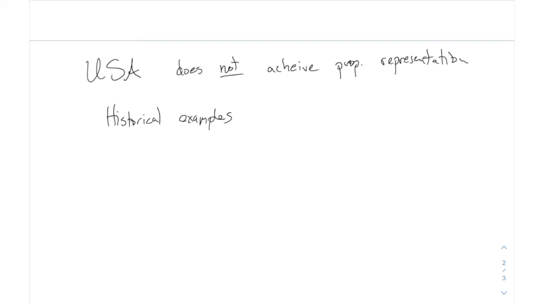A reason for this is that the United States does a census every 10 years, and based on the results of the census, the populations of the states are measured, and after every census happens, they officially recalculate how many electoral college votes each state gets, which is tied to how many representatives each state gets in the House.